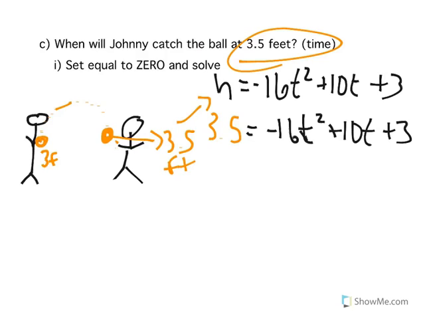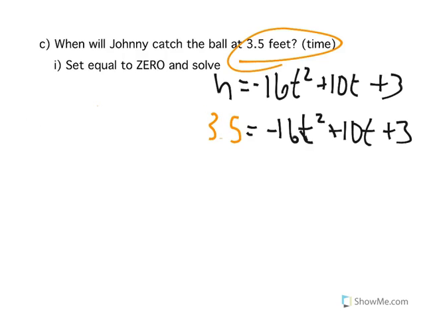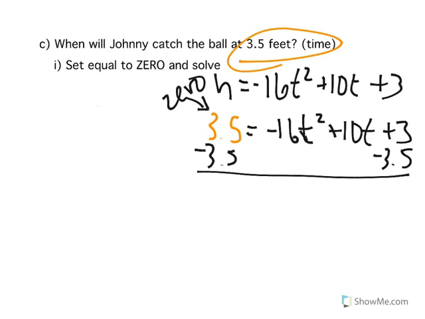So now instead of 0 equals the equation, it's 3.5 equals the equation. Everything else is pretty much the same, just that part changed. We're still going to use the quadratic formula, but remember, when you use the quadratic formula, it has to be equal to 0. So we're going to have to subtract 3.5 from both sides.